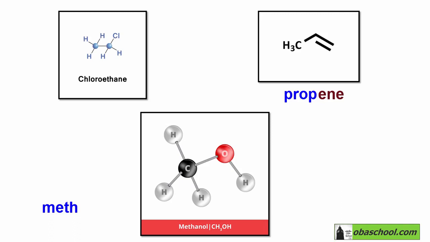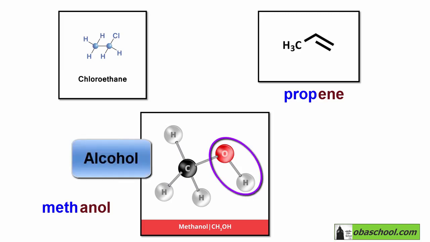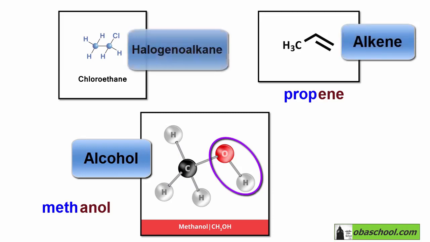In this case, because we have only one carbon atom, it will be methane. We will remove the e from the end of the name and we will add ol. So this is methanol. This is the functional group and the family of this organic compound is alcohols. The family of the previous one is alkenes and the family of this compound is halogen alkanes or alkyl halides.